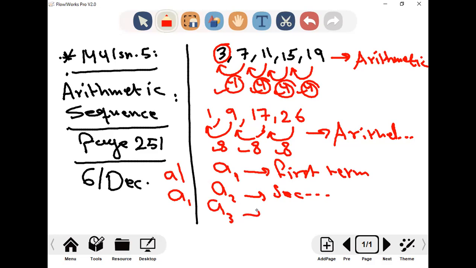A3, third term, and go on until you have something we call AN. AN, the nth term, depending on n. If I say n is 7, so I'm talking about the 7th term. N is 11, I will call 11th term, and go on.